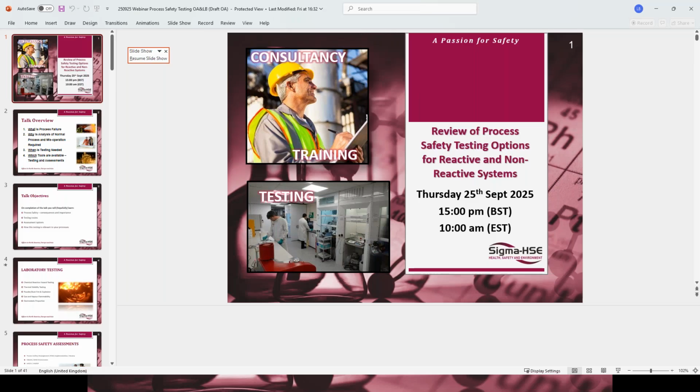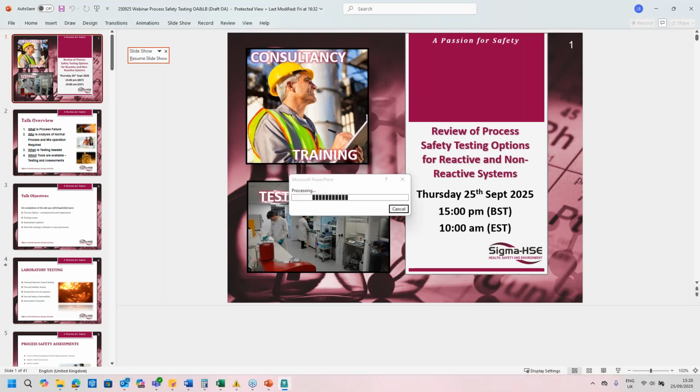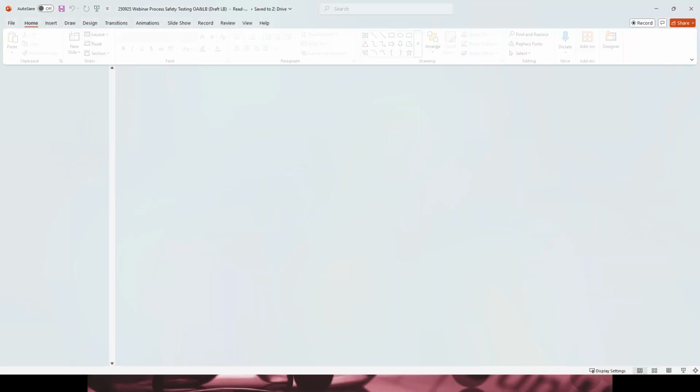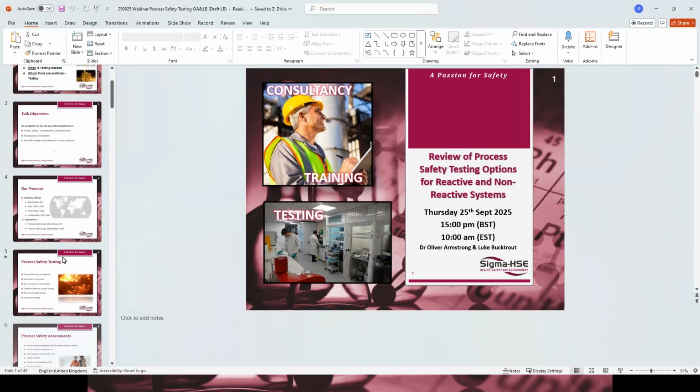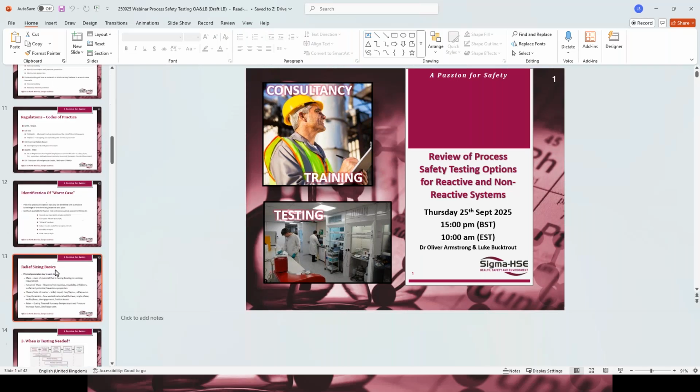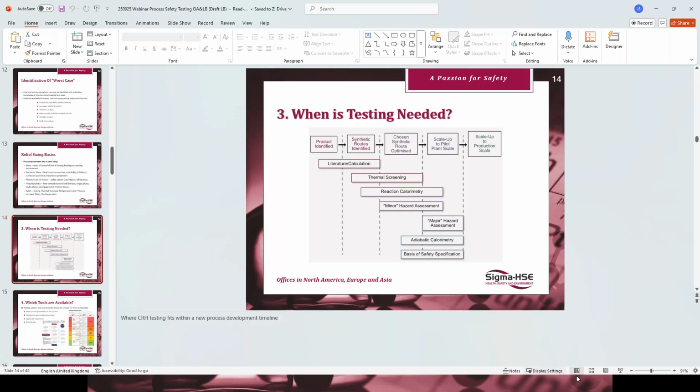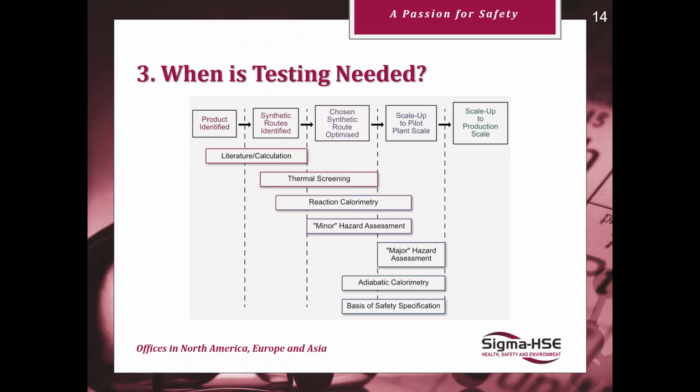That kind of leads in quickly to thermal screening testing. So these tests can be typified by high throughput, where you can test lots of samples very quickly. So again, this is good for early stage development, again screening out the riskiest candidates.